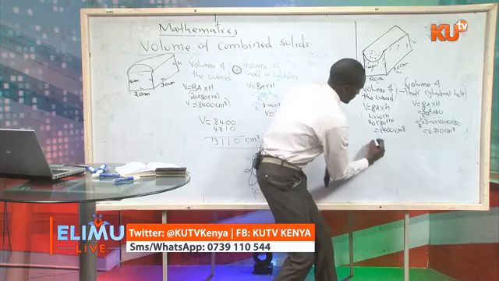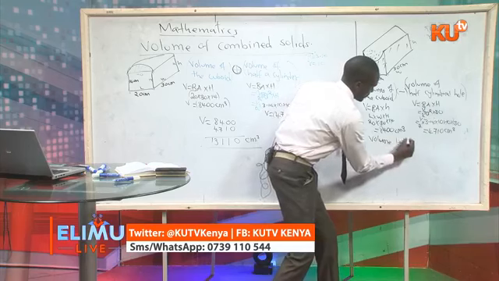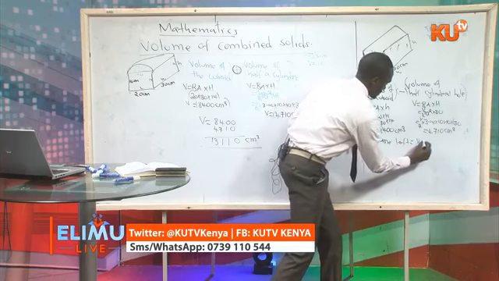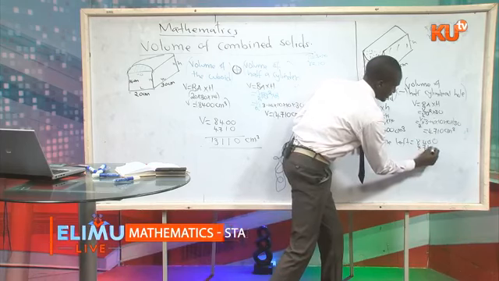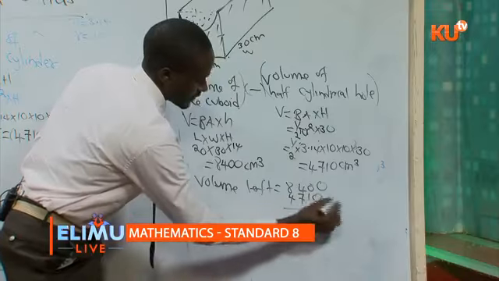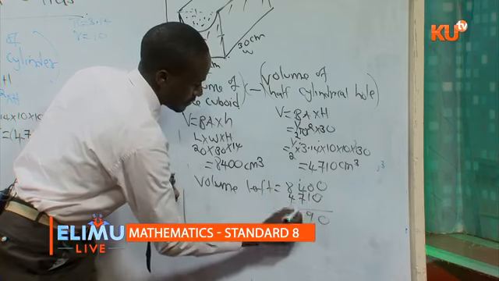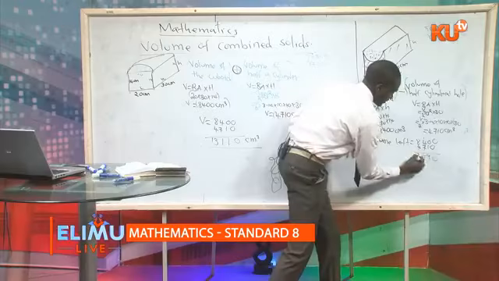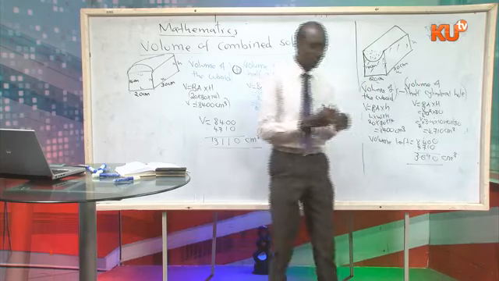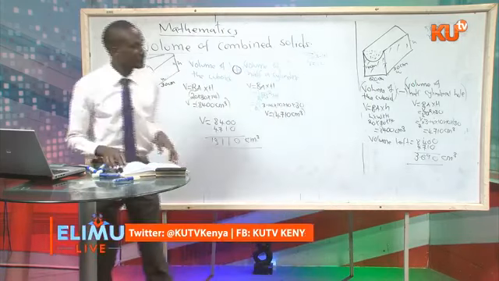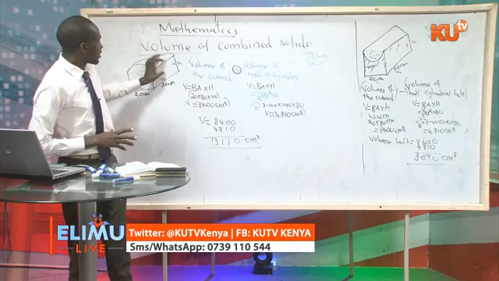So volume left is 8,400, take away 4,710. That will give us 3, now, cubic centimeter.